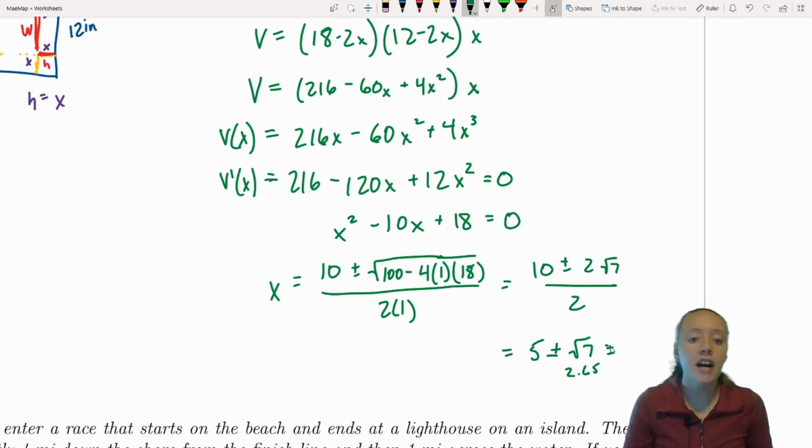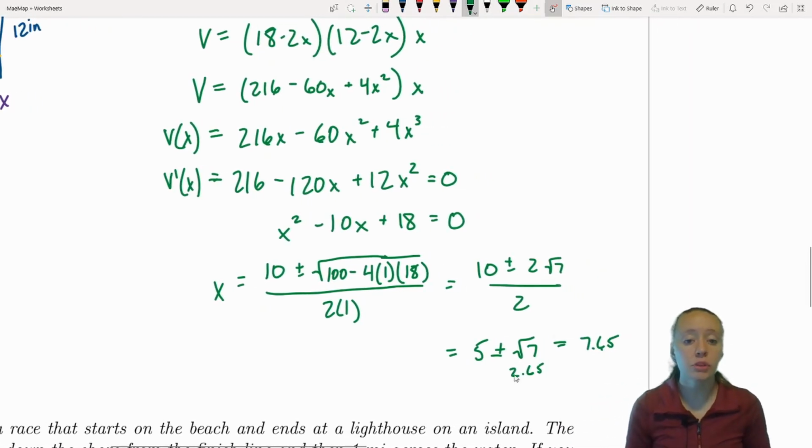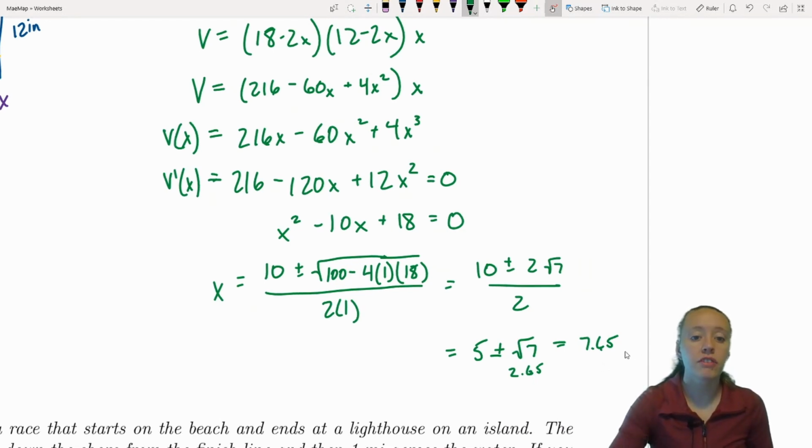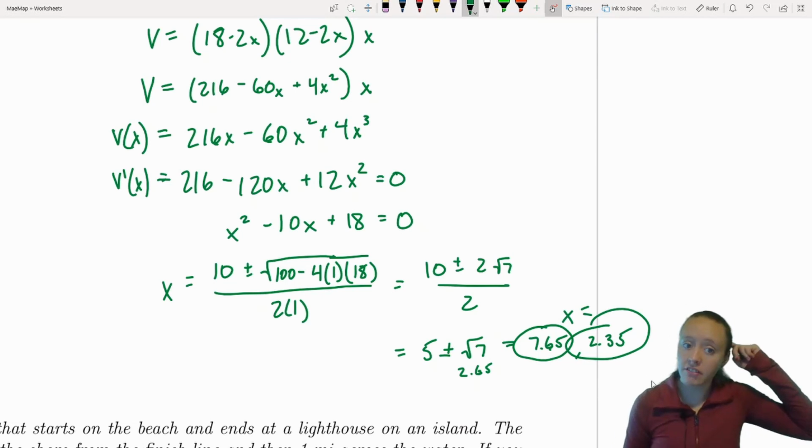So if we have 5 plus 2.65, we're going to be at 7.65, and if we have 5 minus 2.65, we're going to be at 2.35. So x is either 7 65/100ths or 2 35/100ths.